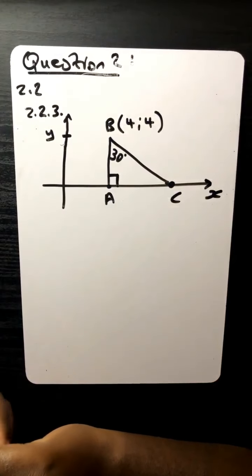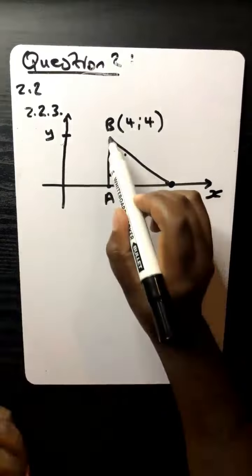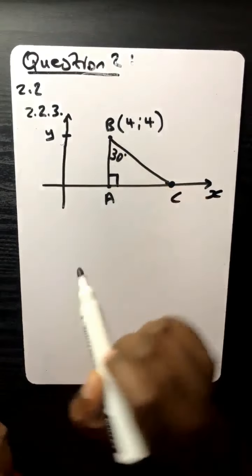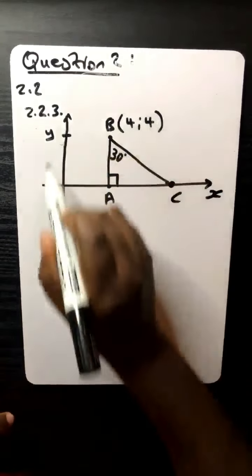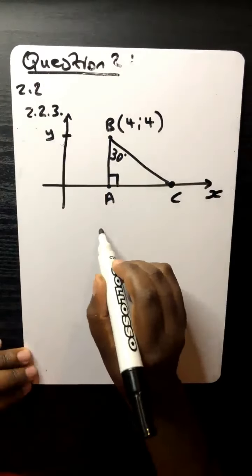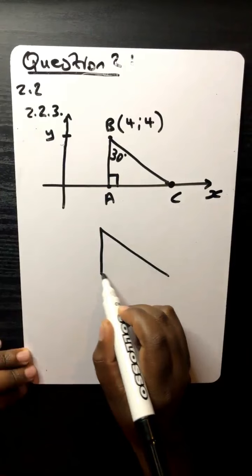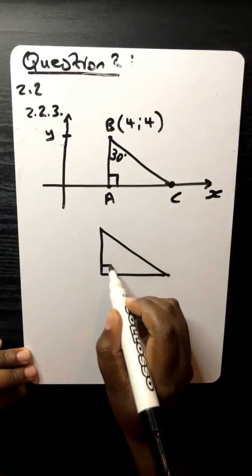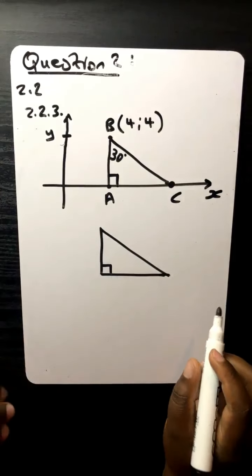That is what B says. Or maybe let me just explain this one, guys, and you will let me know if it makes sense. If you have something similar to this, you need to be smart to understand that you have a right-angled triangle. If you have a right-angled triangle, it means you can use the trig ratio.